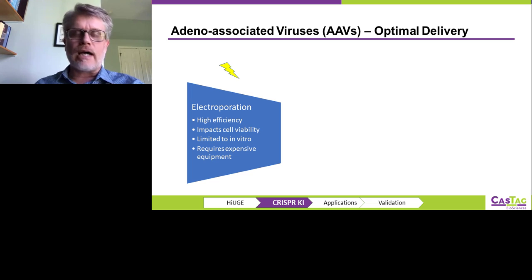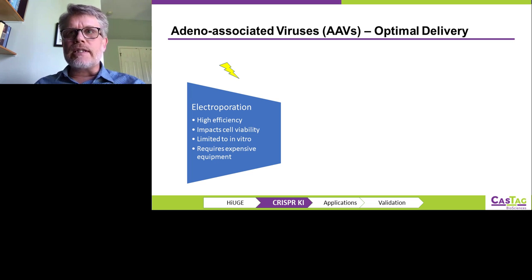Electroporation can occur with a high efficiency if the protocol for the electroporation has been optimized for the specific cell type that you're utilizing. The negative side of electroporation is that it can impact cell viability. In many of these cases, at least 50% of the cells may be killed during the electroporation event.